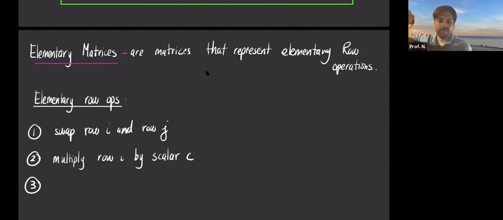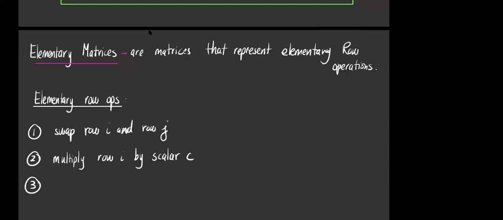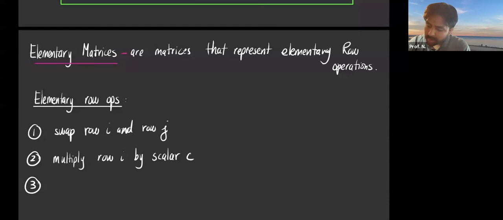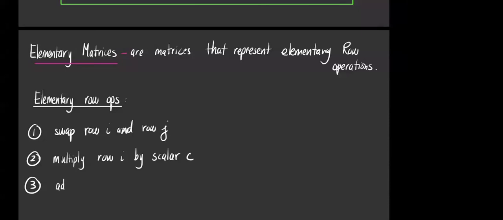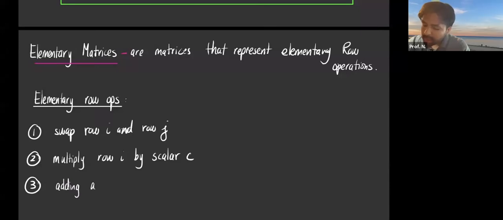We can swap two rows, we can multiply one row by a scalar, and there's one last one. It's not subtraction per se. It's adding a constant multiple of row I to row J.